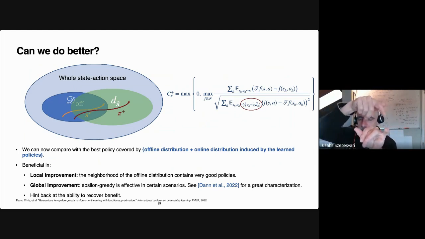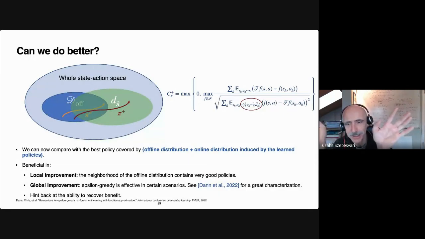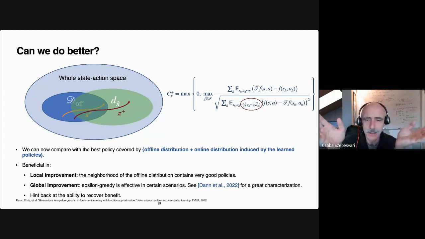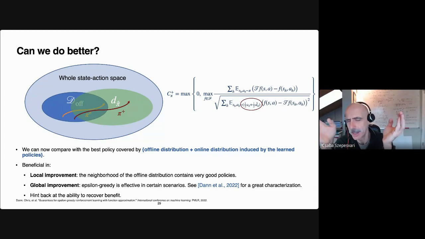The other one is maybe coming this way, and then coming to the same point and generating data from there. So the two together cover everything, but none of them alone covers everything. So that was included in the original definition, I suppose.